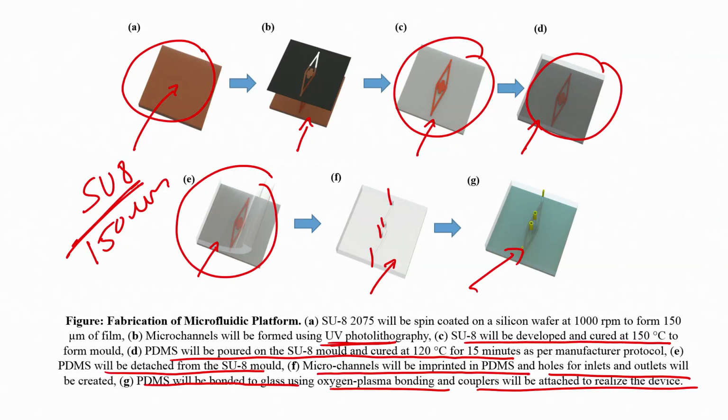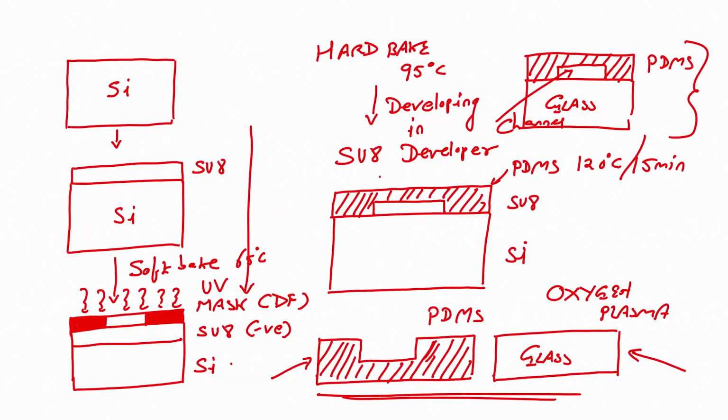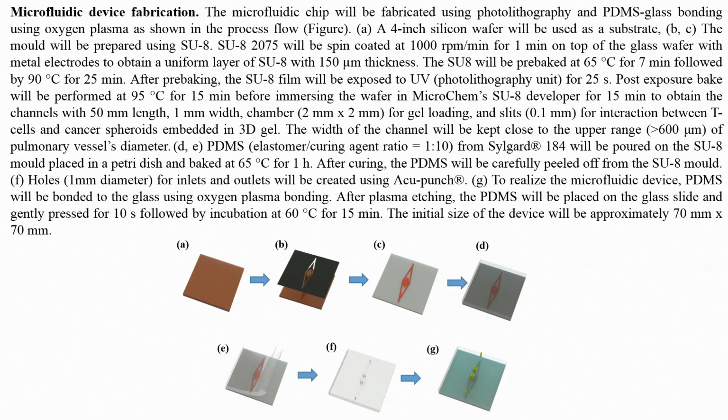So, holes for inlet, outlet and for loading matrigel with spheroid will be created, and finally, this PDMS, we will perform oxygen plasma bonding. Once oxygen plasma bonding is done, we will attach the couplers, right. So, if you see here the device fabrication, this is the detailed device fabrication process.